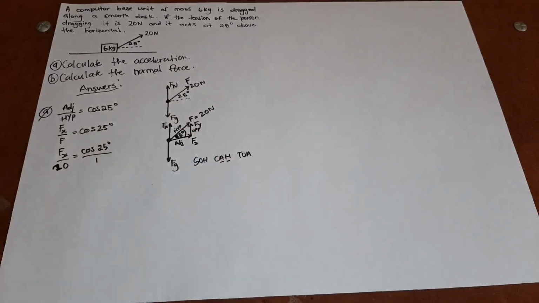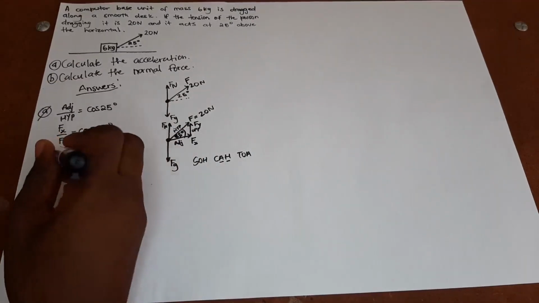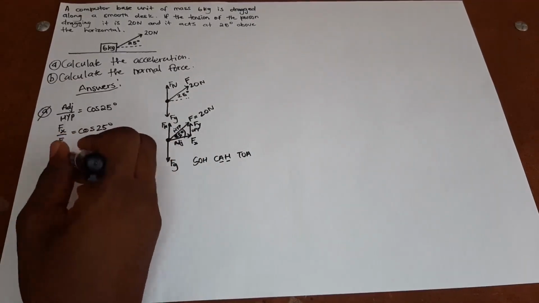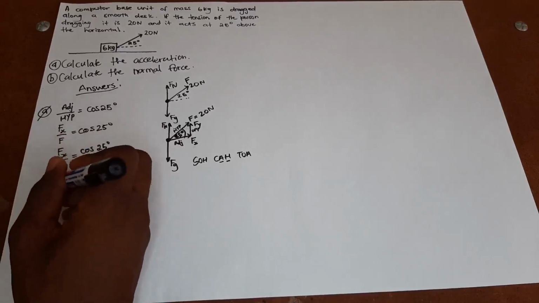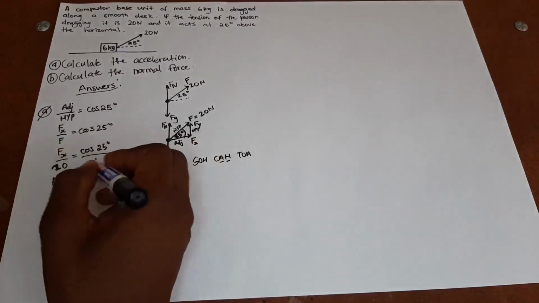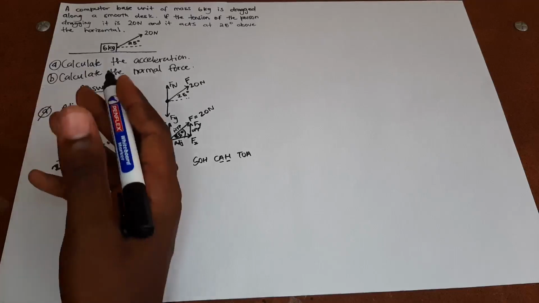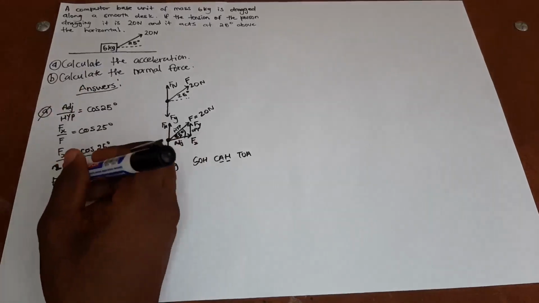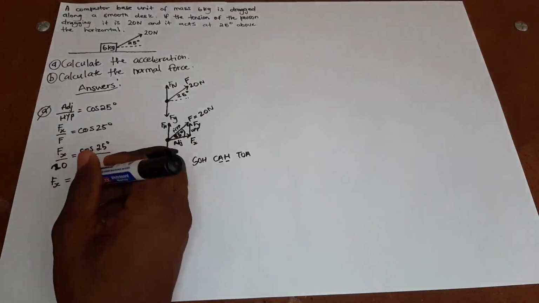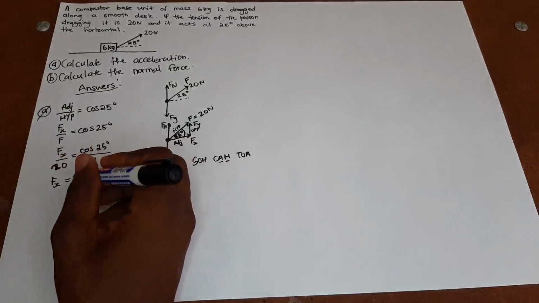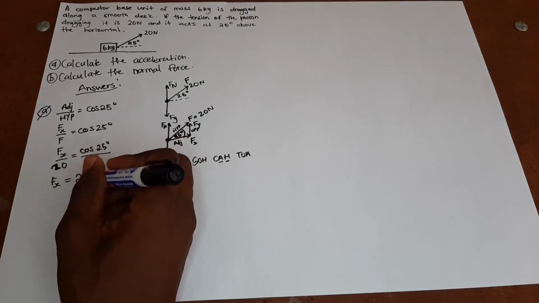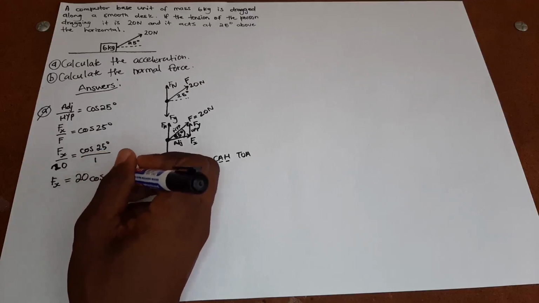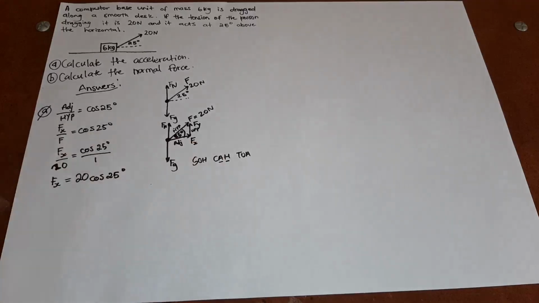Let's cross multiply right now. This gives us Fx equals 20 multiplied by cos 25 degrees.